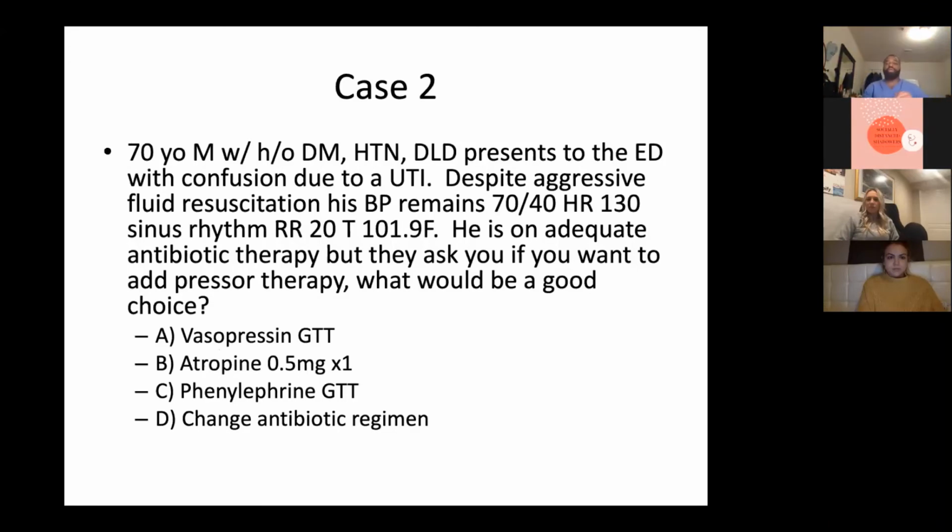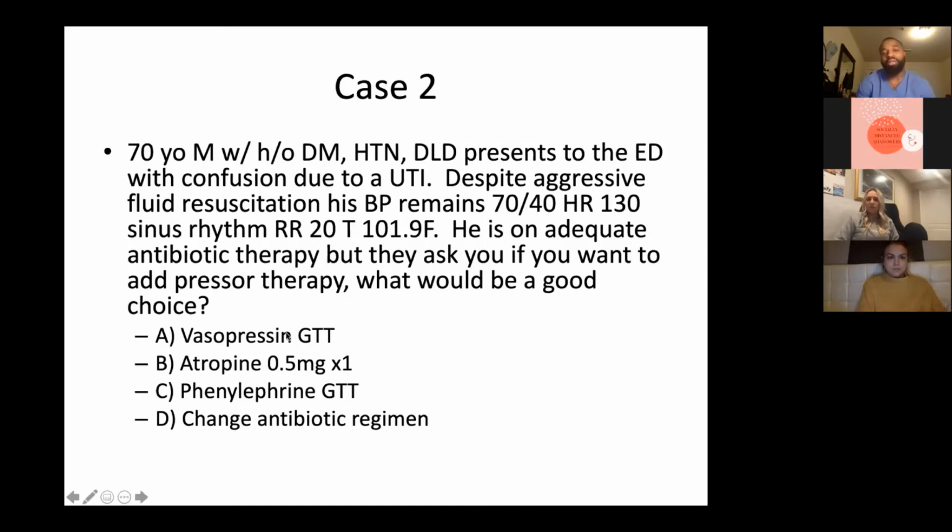And the safest pressor to give in this particular state, especially when a patient is tachycardic and doesn't have any irregular beats, phenylephrine drip, GTT means drip, is the best thing to start. Vasopressin, strictly vasopressin, could further cause an increase in the tachycardia.